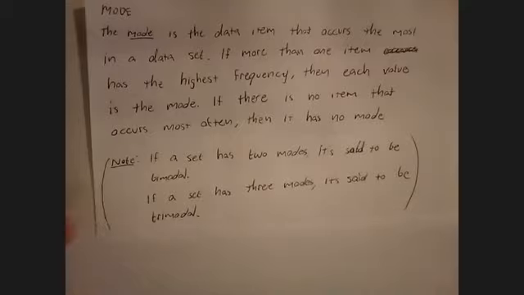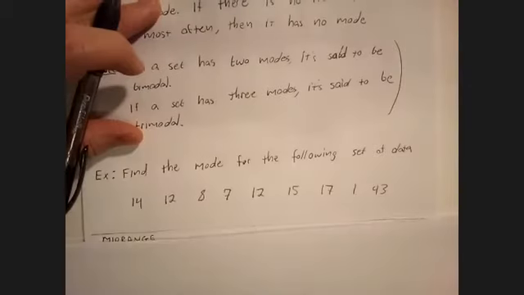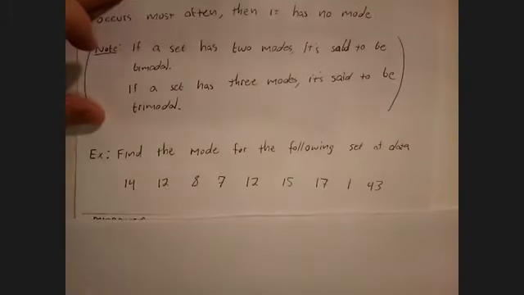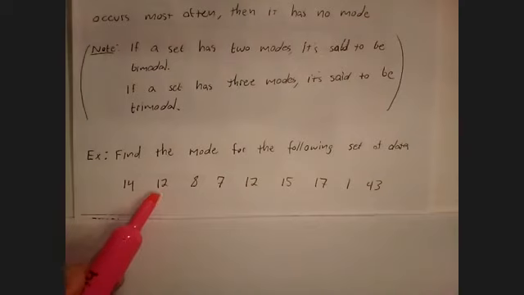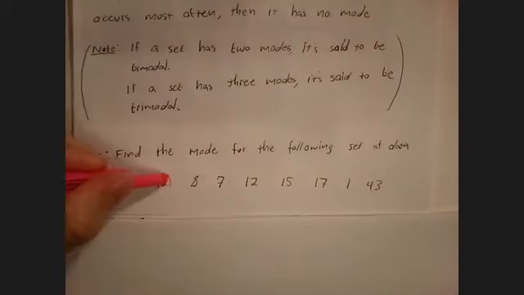Okay. So let's take this example right here. Let's find the mode. That's all we're going to do. If we're finding the mode, we do not have to put stuff in order. I'm just looking for repeats. That's it. Does 14 repeat? Does 12 repeat? It does. I'm going to circle it if it repeats.